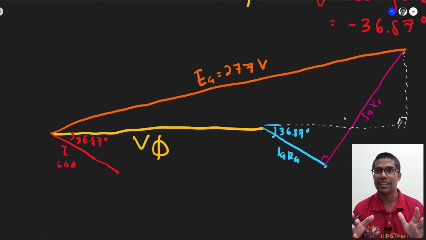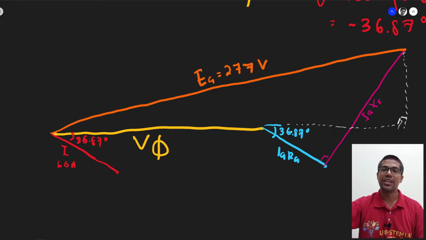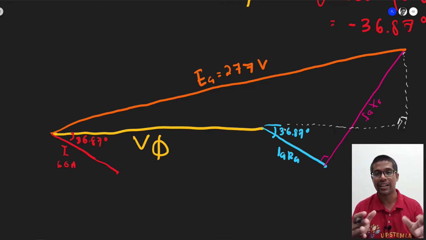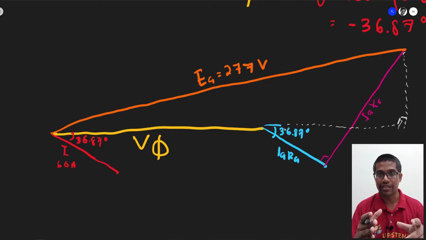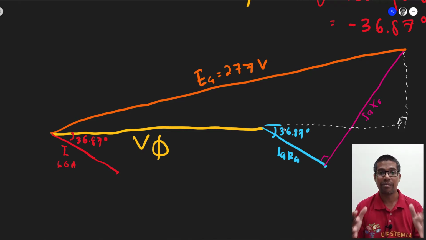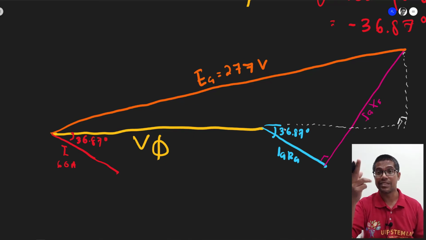Actually you can get V phase according to my other video. You can use Pythagoras theorem. When you got a triangle like this, A square plus B square equals C square, where our C is our hypotenuse EA.